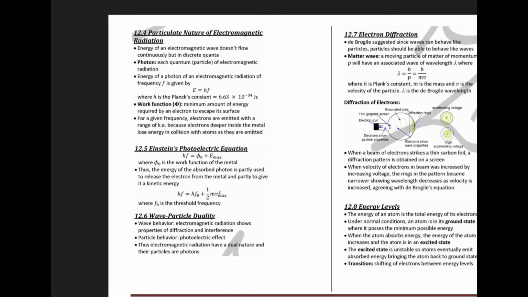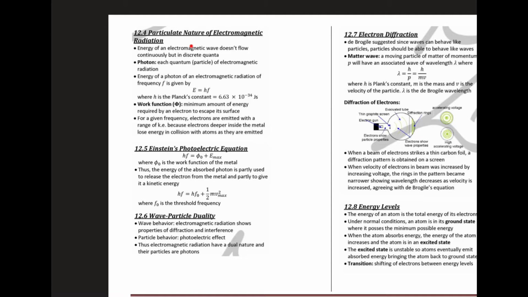Okay, now let's see here. The energy of an electromagnetic wave doesn't flow continuously, but in discrete quanta. Meaning the energy of the UV light, for example, has a certain fixed amount of energy.